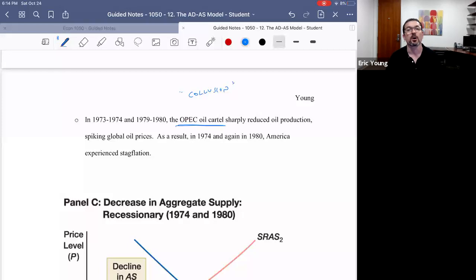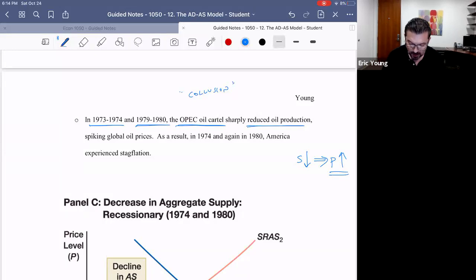They colluded or worked together to sharply reduce oil production. And as you know from our early lectures, as the supply of oil fell, the price of oil predictably skyrocketed. This happened twice. It happened in 1973 to 74, and again in 1979 to 1980.